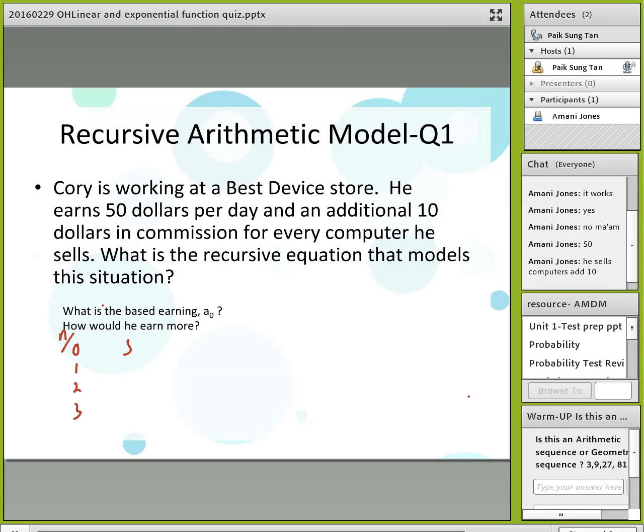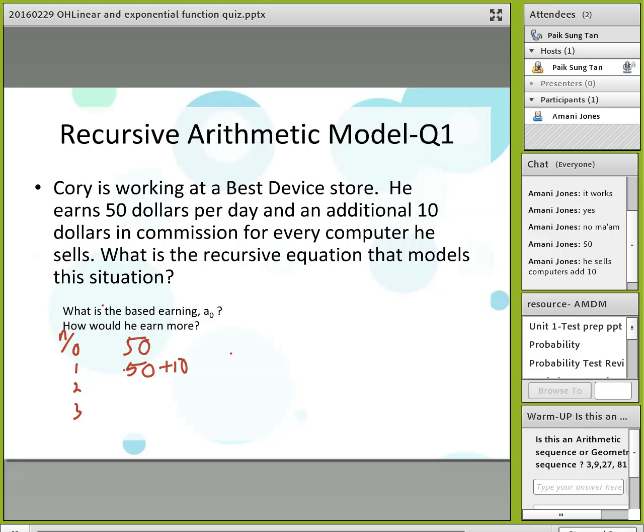So when n is 0, he only earned $50 that day. He sells nothing here, just works. And then if he's selling 1 computer, he earned 50 plus 10, right? If it's getting too hard to write, I might move to a desktop sharing.